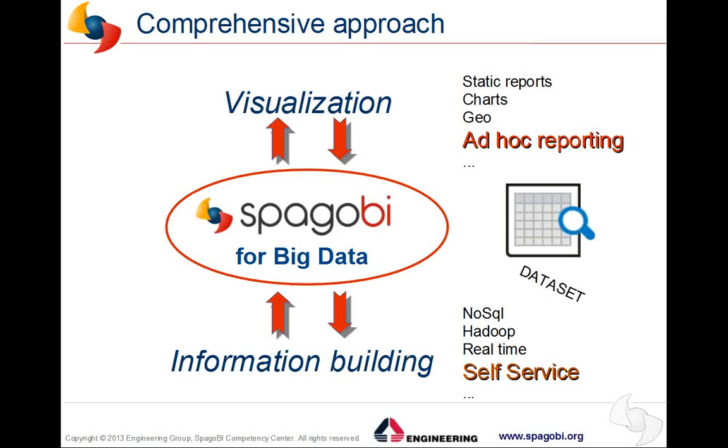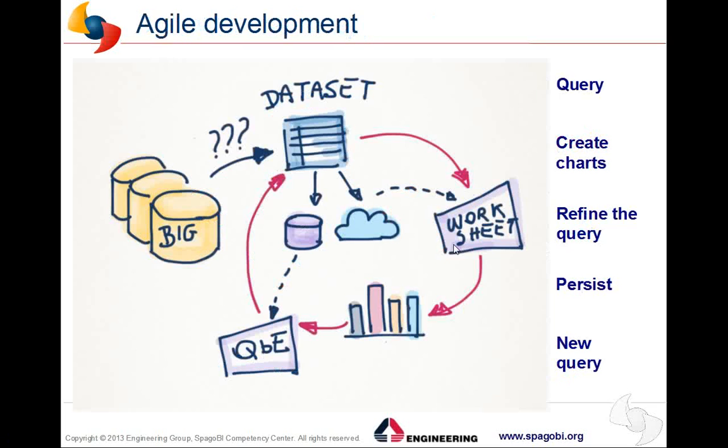So I'm always facing the problem of the slide, okay, here. And you see this drawing shows how to start from big data storages. Here you can produce a dataset that can be stored in persistent storages or in memory supports, and then it can be used by the worksheet engine to create charts.